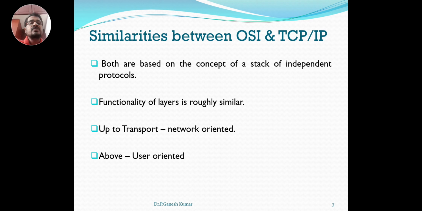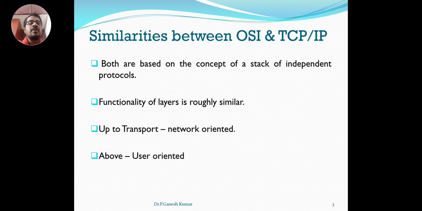Next, up to the transport layer, the physical, data link and network layers are what we call network oriented. Similarly, in the TCP/IP model, we usually call it host to network. So these are the network oriented layers up to the transport layer.